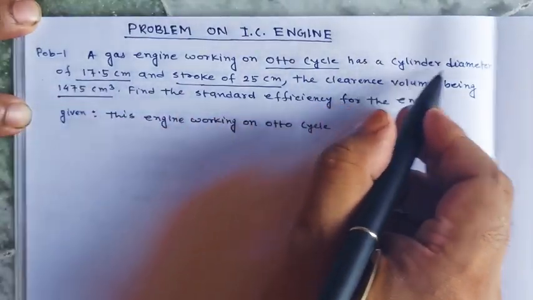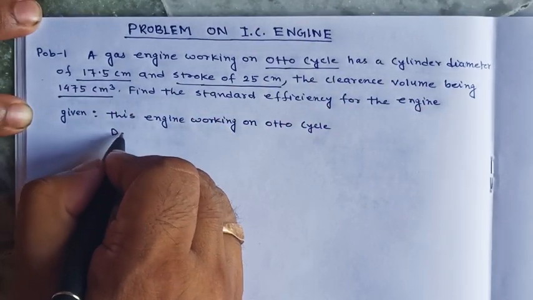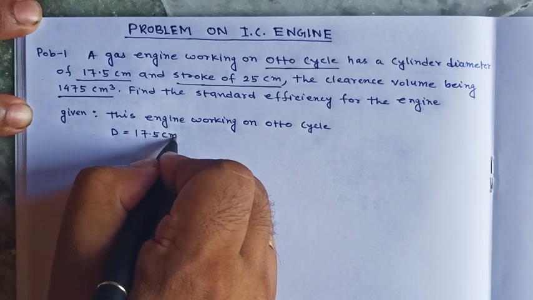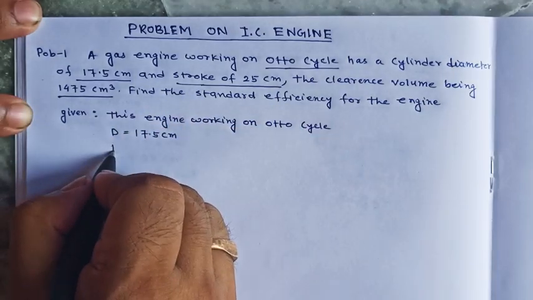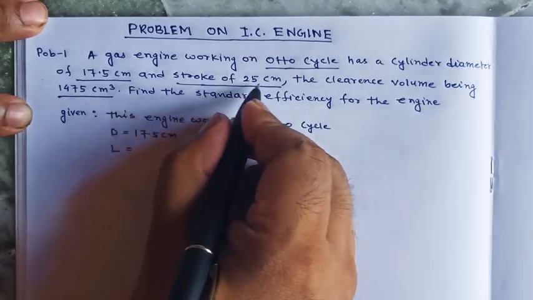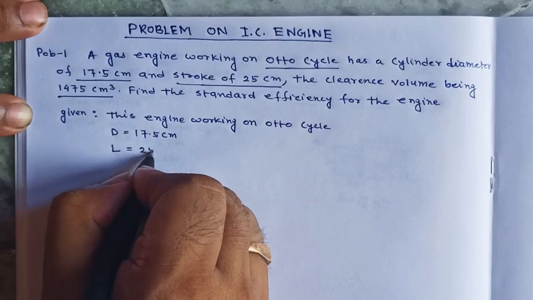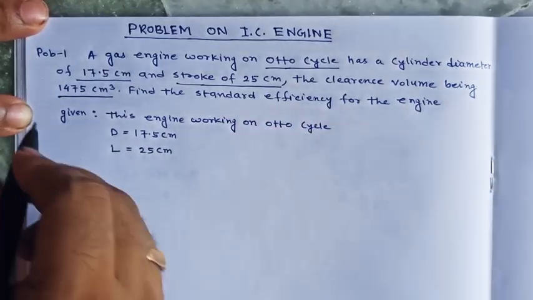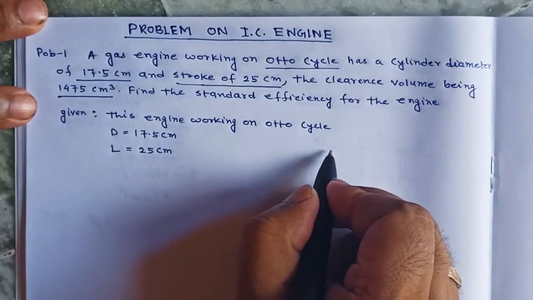Now the cylinder diameter is given, diameter is 17.5 centimeter. The stroke length is given, 25 centimeter. The clearance volume is, what is clearance volume?